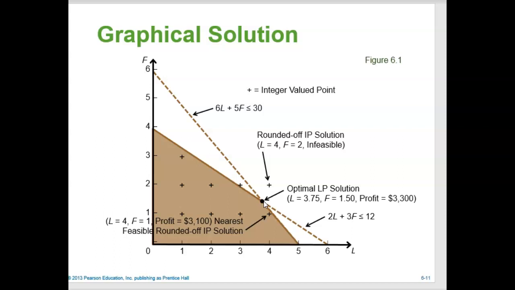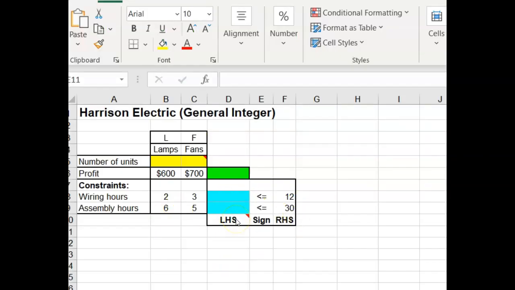So in order to make it usable, you convert the model into an IP model and solve it as an IP model so that you can achieve a profit value which is acceptable, and it is also feasible given the constraints that you have in the model. So now that we've established a case for solving the problem as an IP problem instead of an LP problem, let's move on to Excel and look at what the solution suggests.